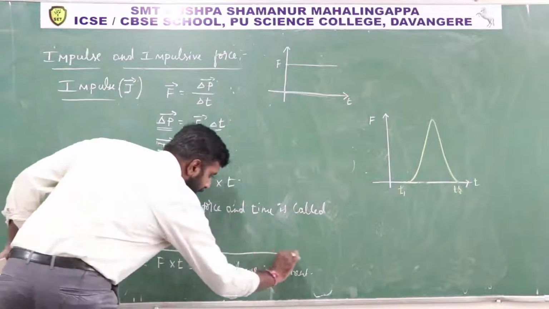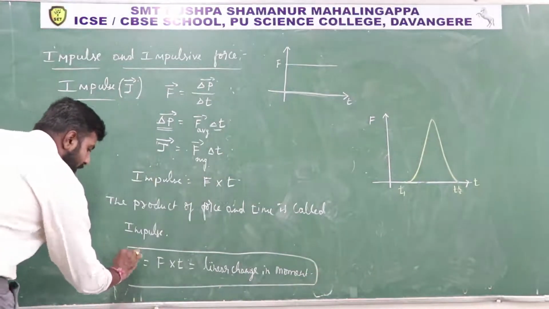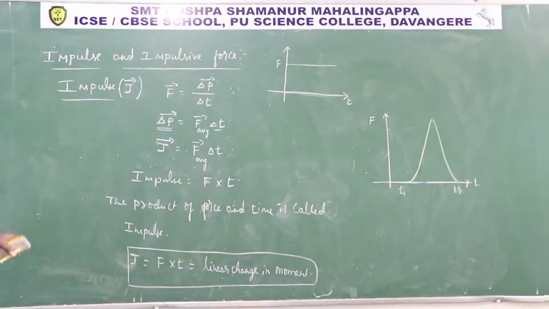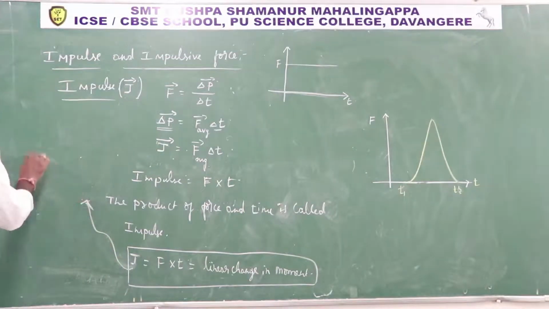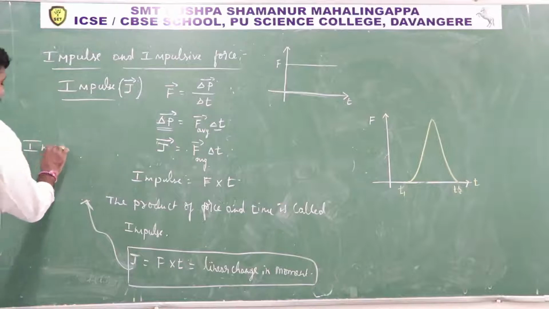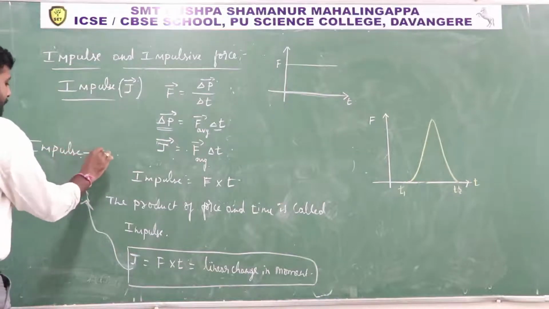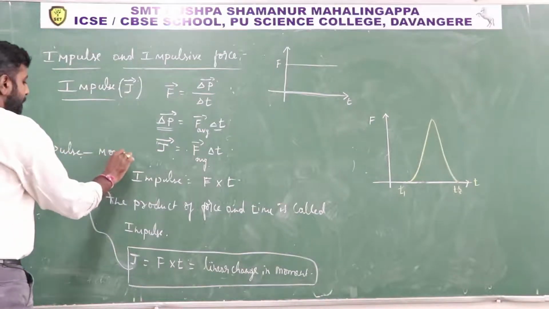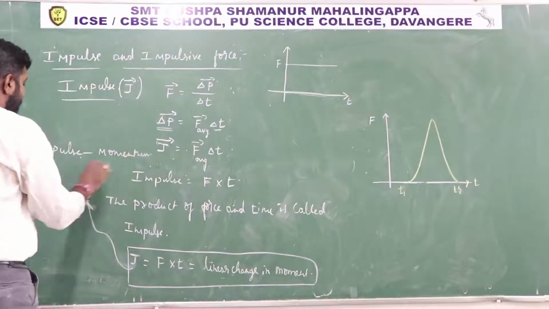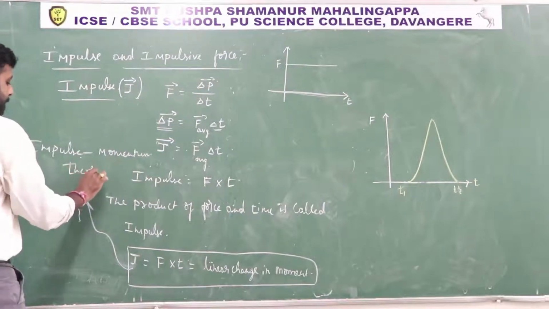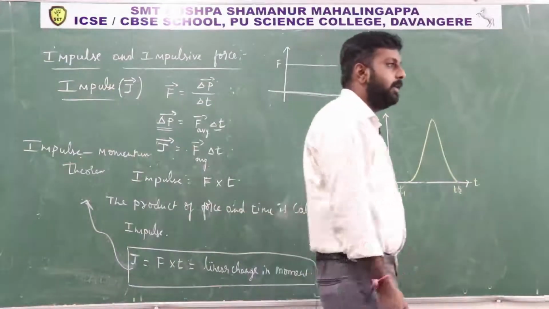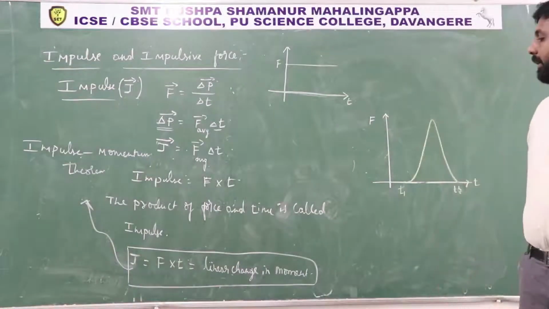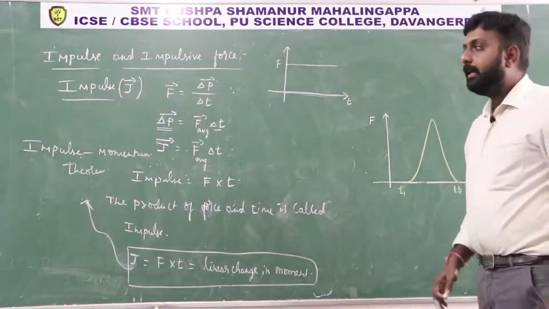So remember this, this is important. We can define impulse like this, and this is also called the impulse momentum theorem. The impulse momentum theorem says that J is equal to F into T, which is equal to the linear change in momentum.